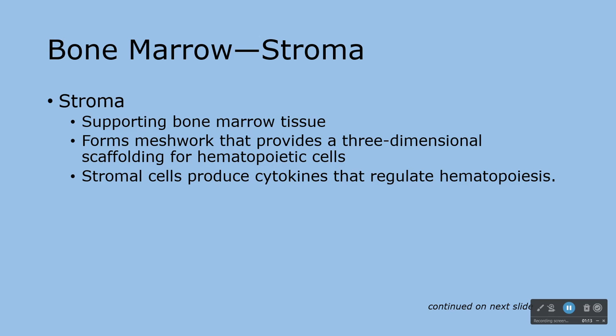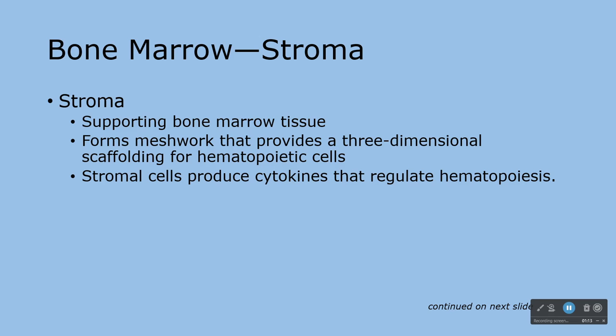All right. Let's talk about the stroma. So the stroma is bone marrow tissue, and it's there for support. Okay. It provides a meshwork inside the cells, and then the stromal cells produce cytokines that help regulate hematopoiesis. Okay. We haven't talked about cytokines yet. I've made mention of the term a couple of times. But cytokines are essentially signaling chemicals.